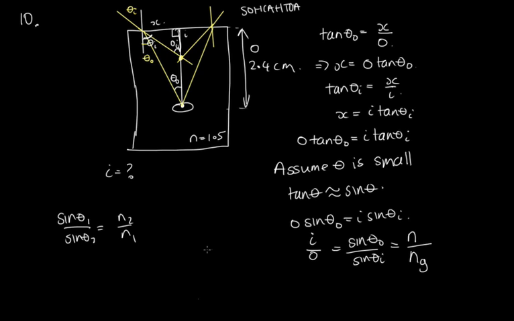So if this is inside the glass, then we need to have the glass down the bottom. Now this theta I, that is the angle of refraction, which is in the air. So this n is the n of air. So we have I is equal to O times n of air, which is 1 over 1.5. And so this is equal to 2.4 centimeters over 1.5, which is equal to 1.6 centimeters.